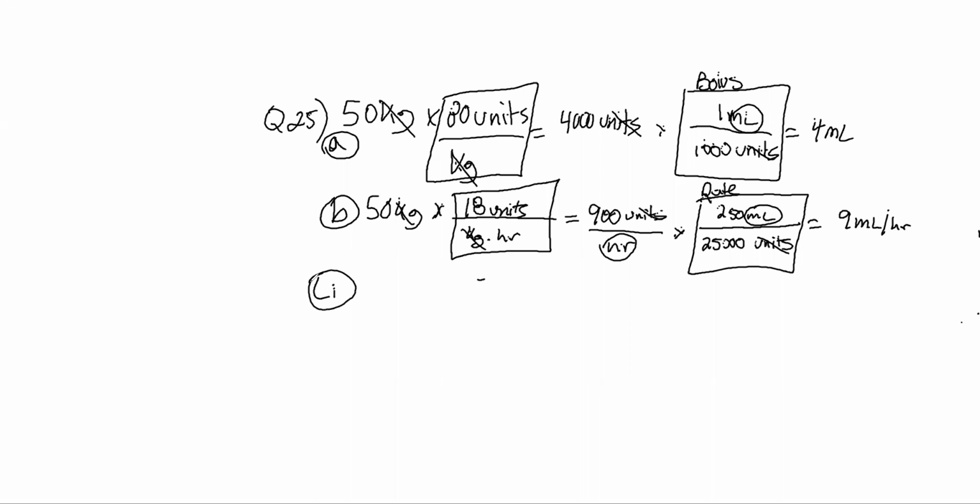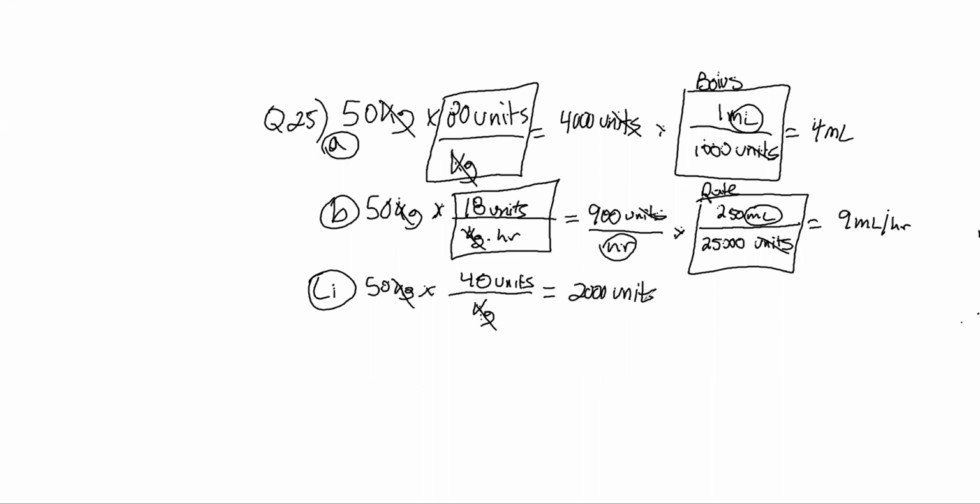We still have the same patient, 50 kilograms. And this time, instead of 80 units per kilogram, it's 40 units per kilogram, because that's what it told me to do. That equals 2,000 units. We don't want units, we want milliliters.